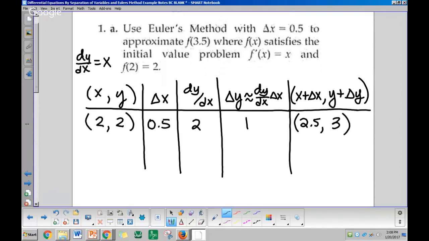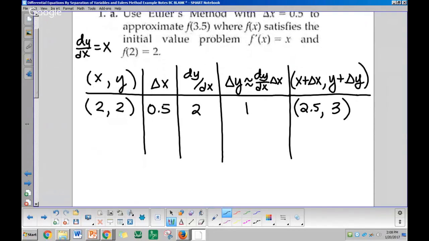All right, well, we're not at 3.5 yet, right? Because that's what we're trying to approximate. So I'm going to take this point now and bring it over here. So this is 2.5, 3, that's my new point. Delta x is not changing, it's 0.5. And now I'm going to find the slope at my new point, which is 2.5, whatever x is.